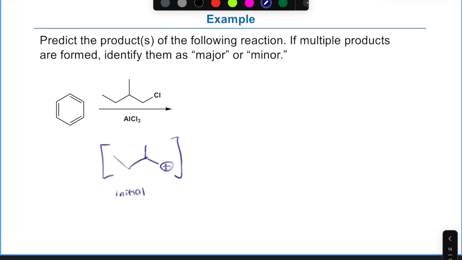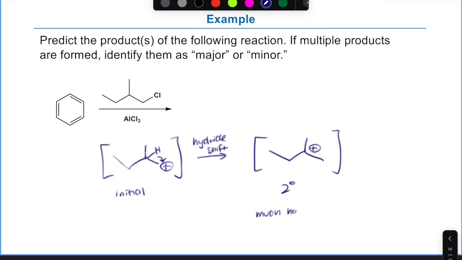But then we have this hydrogen here, and so it would do a hydride shift, forming our secondary carbocation, much happier. And then our final product would be this species.